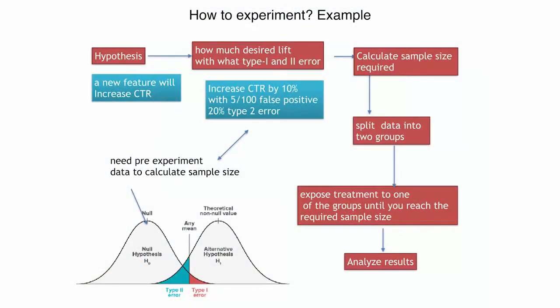And here is one example. Your hypothesis in this case is that we introduce a new feature that will increase the CTR, or click-through rate, like I was showing a couple of slides back. And then the business typically would decide how much increase in CTR they actually want. It's not just about increase versus not. Sometimes the introduction of a feature, let's say a buy one get one offer, actually costs money to the company.